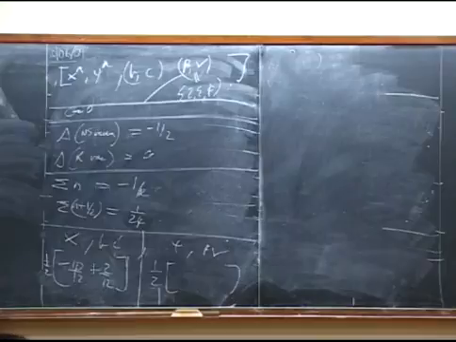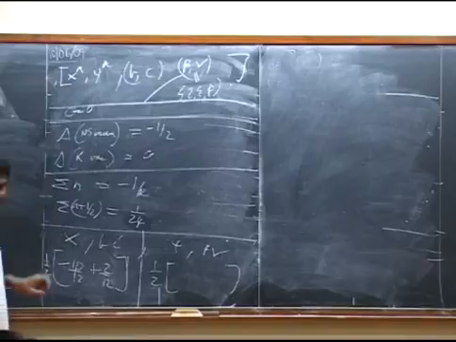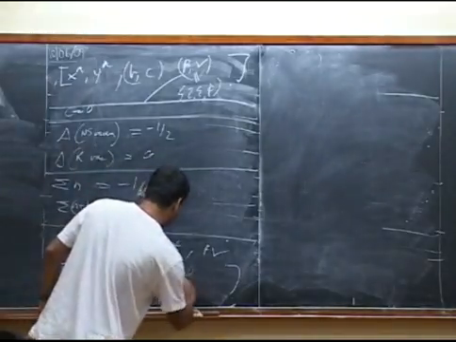Because it's a fermion. So we get minus of this, ten times the minus of this. So minus 10 by 24.